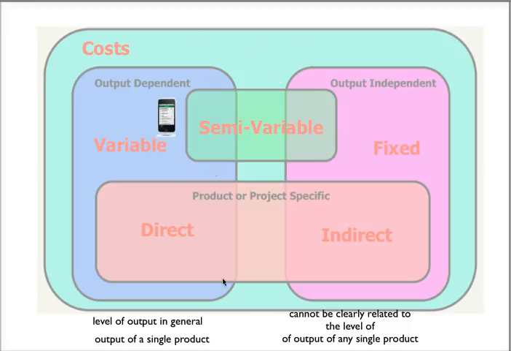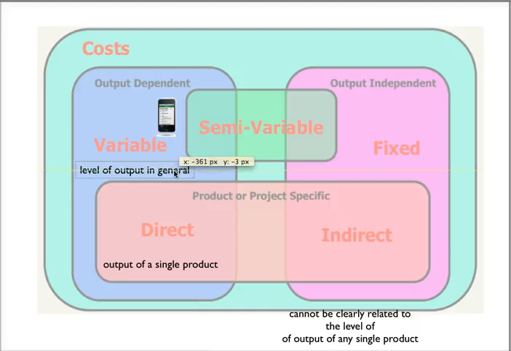Then within output dependent cost, you can also have direct cost. Direct cost is similar to variable cost in that it changes with the level of output, but what's different is that direct cost is related to the output of a single product, whereas variable cost is related to level of output in general. On the other hand, you have indirect cost within the output independent section.